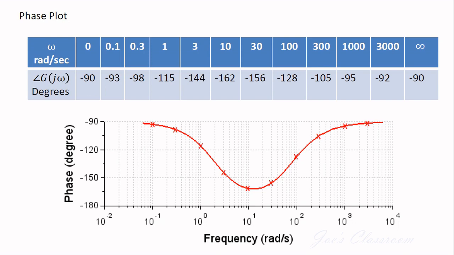But still, in academic exercises, we do sketch the Bode plots manually. The purpose is that if we learn the Bode plot by sketching it manually, we will be able to understand the Bode plots traced by the softwares.